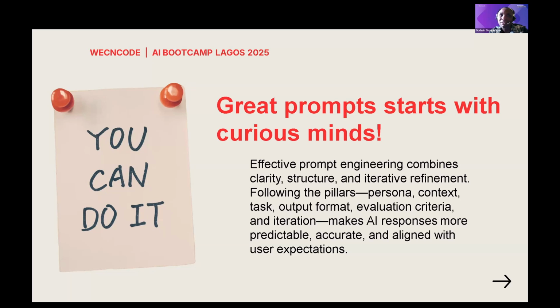Include a persona if you need maybe a professional answer. Include context, include tags. If you need a structured output, include the output format. If you want something that can be evaluated, give the evaluation criteria. And then if you want to iterate, you iterate over it again and again until you get the result you want.